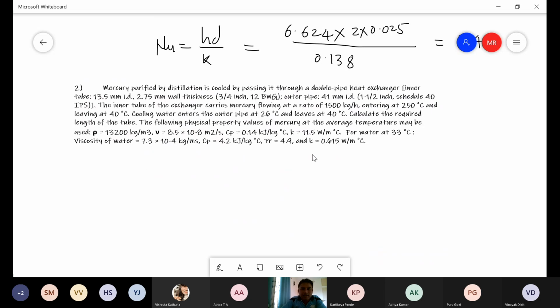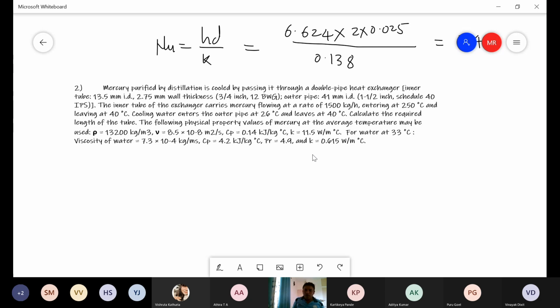Mercury, purified by distillation, is cooled by passing it through a double pipe heat exchanger. The inner tube is 13.5 mm ID. The thickness of the inner pipe is 2.75 mm. The outer pipe is 41 mm internal diameter. The inner tube of the exchanger carries mercury flowing at a rate of 1500 kg per hour, entering at 250 degrees Celsius and leaving at 40 degrees Celsius. Cooling water enters the outer pipe at 26 degrees Celsius and leaves at 40 degrees Celsius. Calculate the required length of the tube.